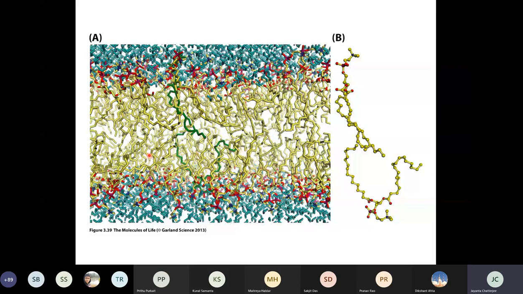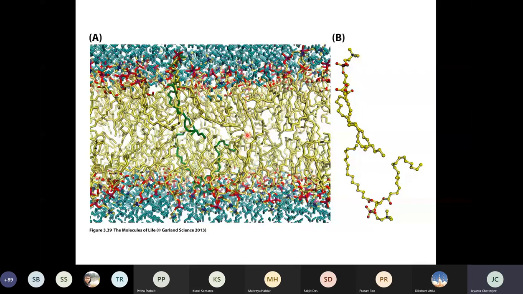But nevertheless, one thing you can probably see in this thick yellow region, which is the hydrophobic core of the lipid bilayer, is that you don't see the head groups, right? Because to have the head groups inserted into the hydrophobic membrane is enormously energy rich.